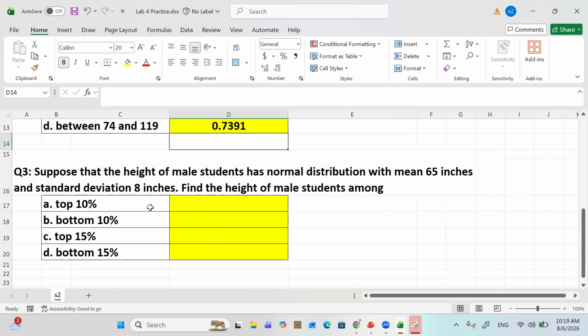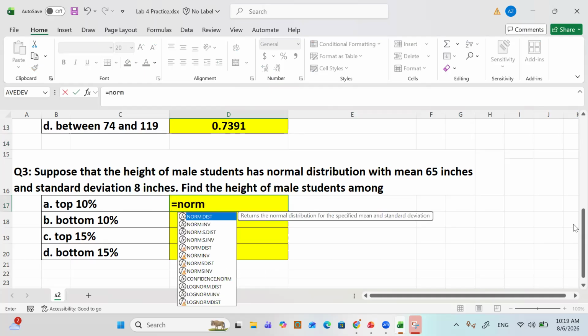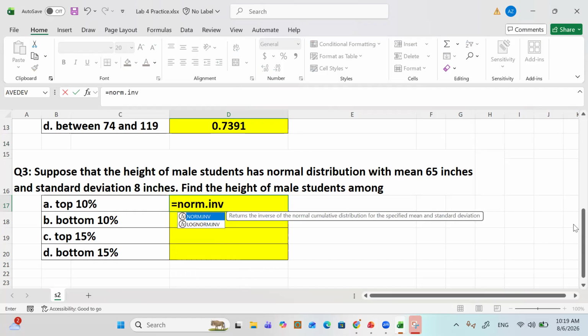bottom 10%. So the way we look at it, top 10% means we're separating the bottom 90% from the top 10%. So area to the left is going to be 90%. So you do NORM.INV, right? This means the inverse of the normal distribution. Now we put in the probability, which is area to the left, it's 1 minus 10%.